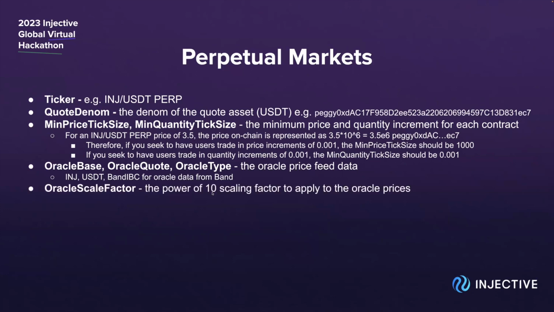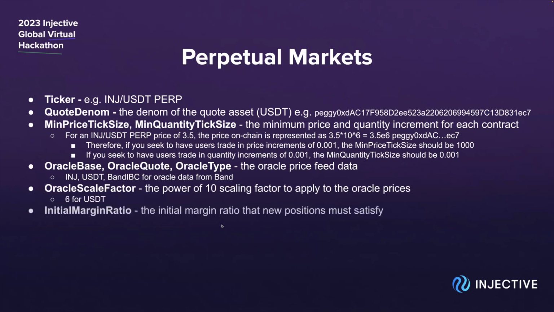We also have an Oracle scaling factor, which is a power of 10 scaling factor to apply to Oracle prices, mainly so that we can have the correct interpretation of the price based off the decimals of USDT, right? So in this case, it's 6 for USDT.